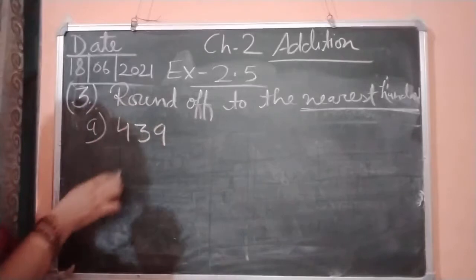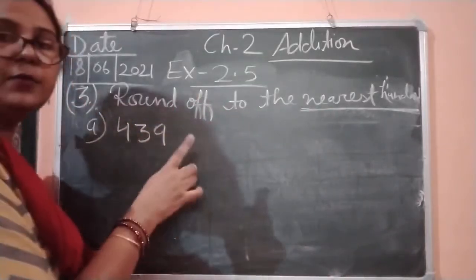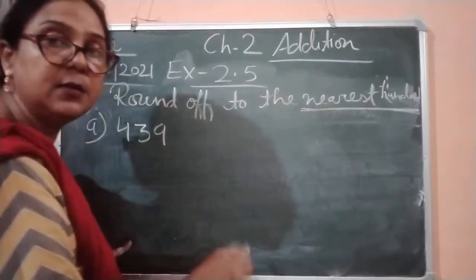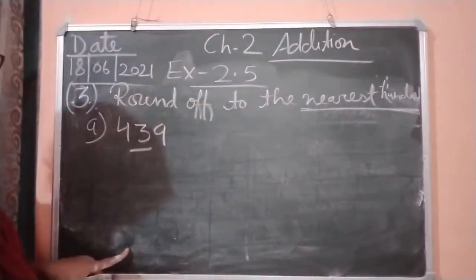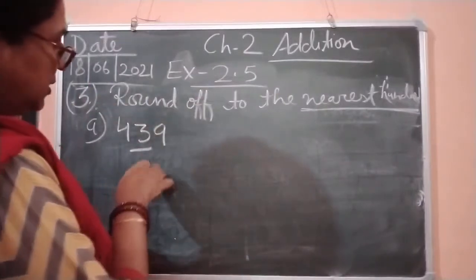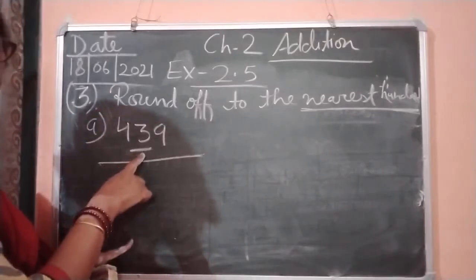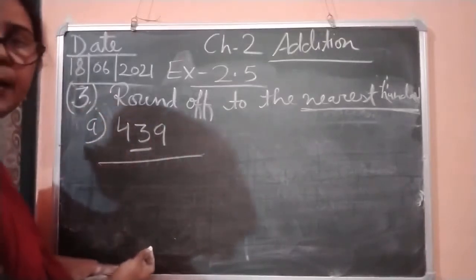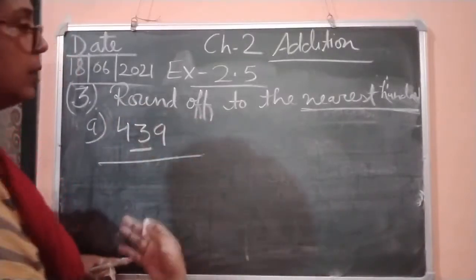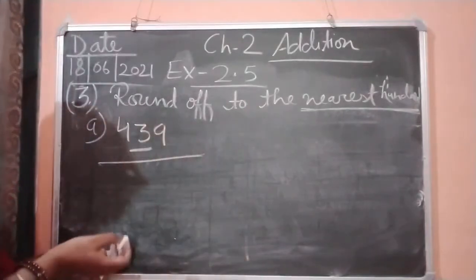Here you can see, because we have to round off this number to the nearest hundreds, we will see the tens place first. What is at tens place? Here we are not going to draw any line. We just round off these numbers in hundreds.